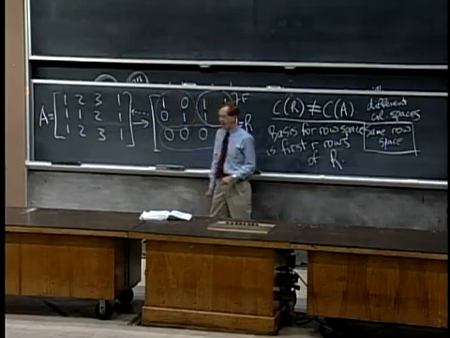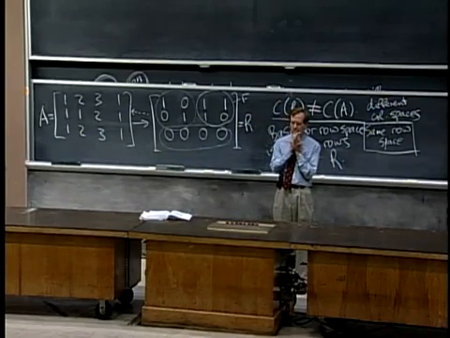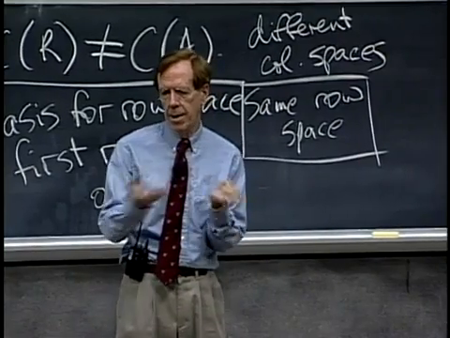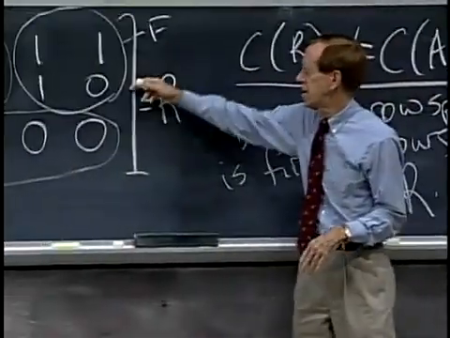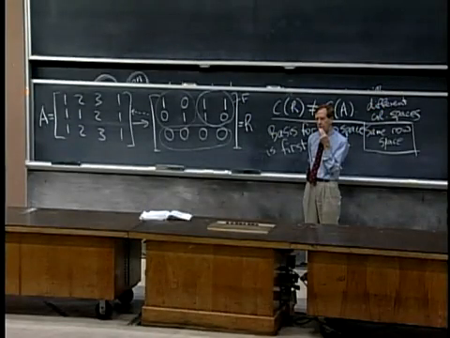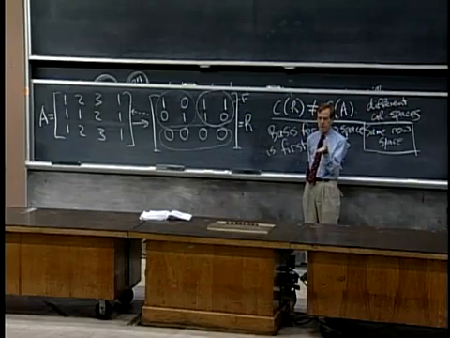Those rows are combinations of those rows. The two row spaces are the same. The bases are the same. And the natural basis is this guy. Is that all right for the row space? The row space is sitting there in R in its cleanest possible form.